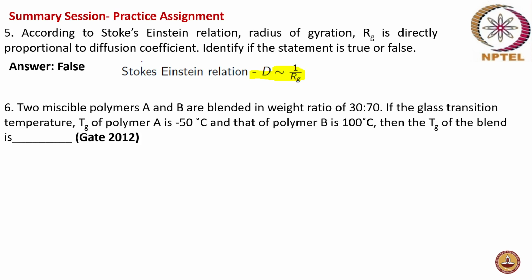Next, two miscible polymers A and B are blended in a weight ratio of 30 is to 70. If the glass transition temperature Tg of polymer A is minus 50 degrees and that of polymer B is 100 degrees, then Tg of the blend will be: what relation do you have to use?